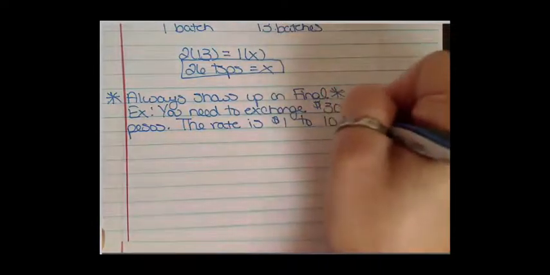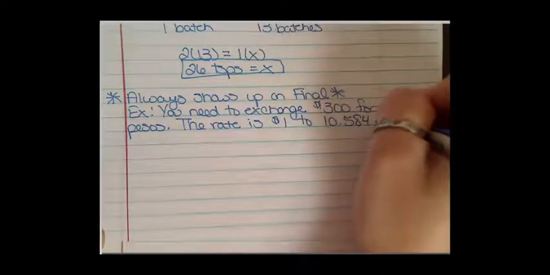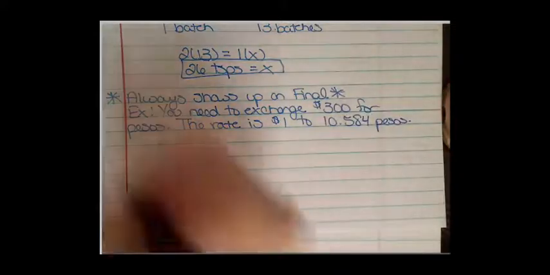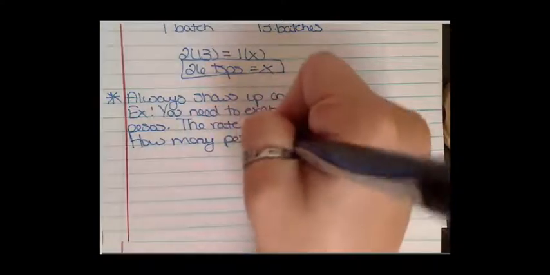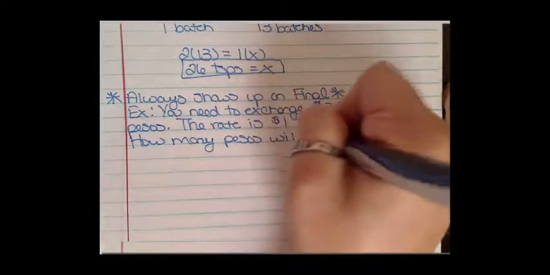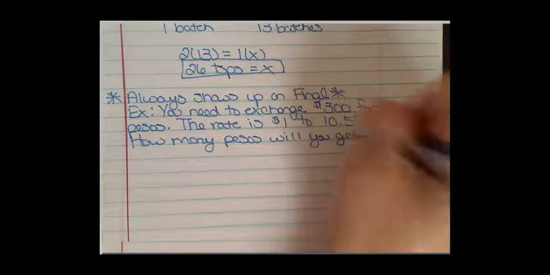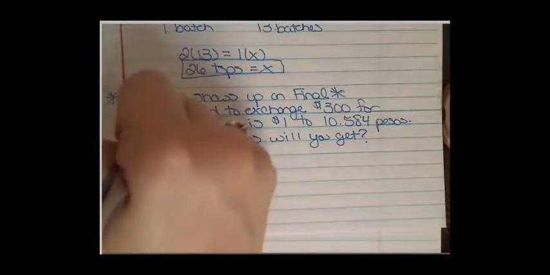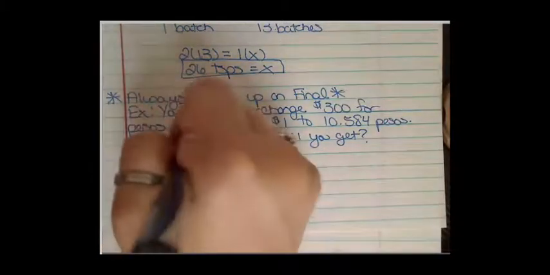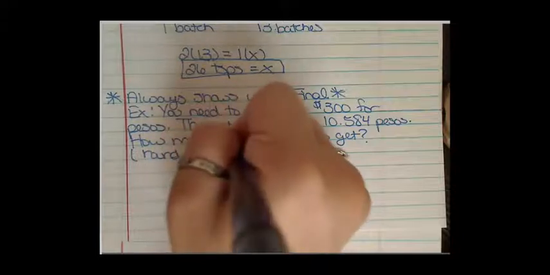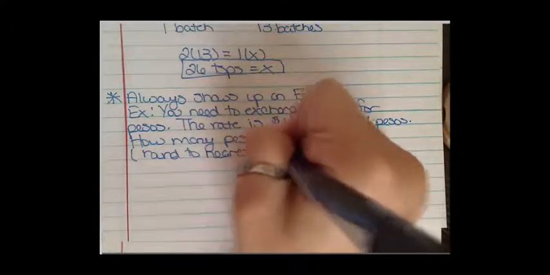How many pesos will you get? And you need to round it to the nearest decimal. This problem shows up on every final exam, so you need to really make sure that you know how to do this.